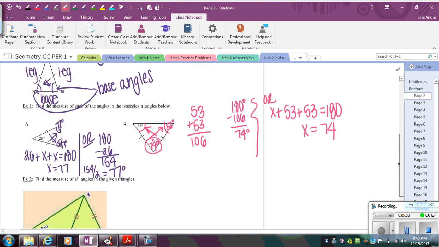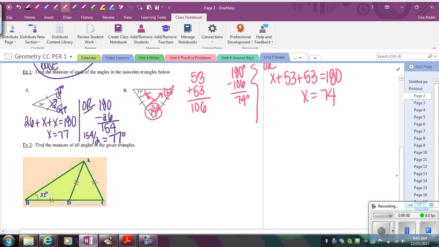And then the last example, now we have a picture where we have multiple triangles. So when I look at this picture, I see 3 triangles. I see an obtuse triangle here, and I see an isosceles triangle, also an acute triangle. So if I classify this by angles, it's acute. If I classify it by sides, it's isosceles. And then this triangle over here, by angles, it's obtuse.